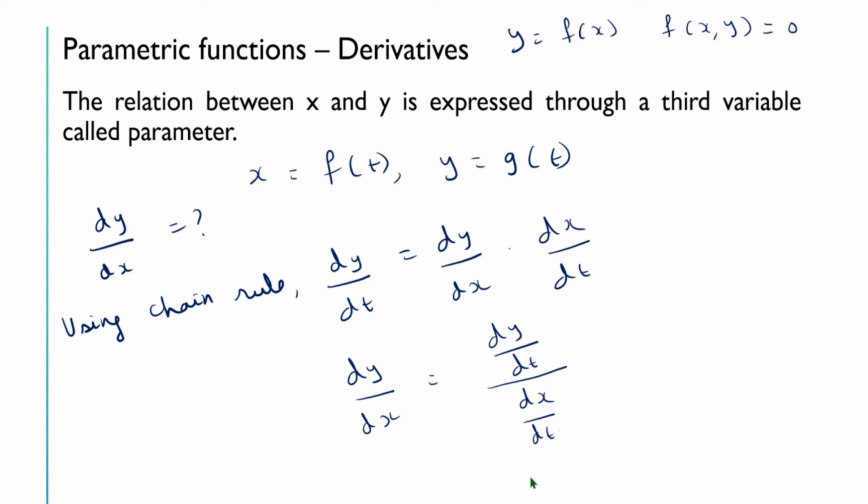So first we have to differentiate y with respect to t, and then differentiate x with respect to t, and when we divide these two, we will get dy by dx. Here dx by dt is not equal to 0. So this is how we have to find dy by dx for the functions in parametric form.